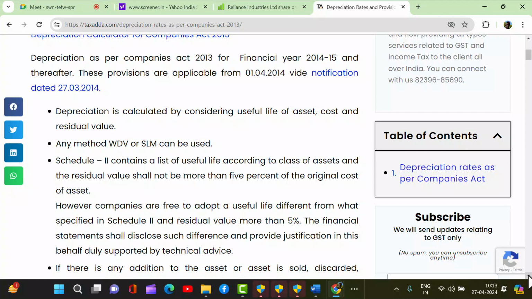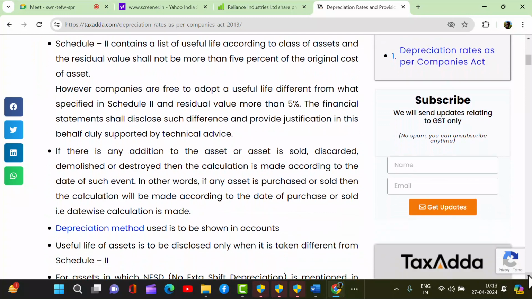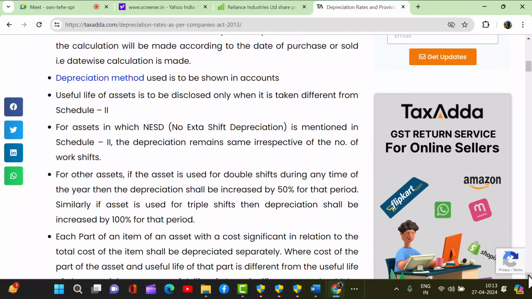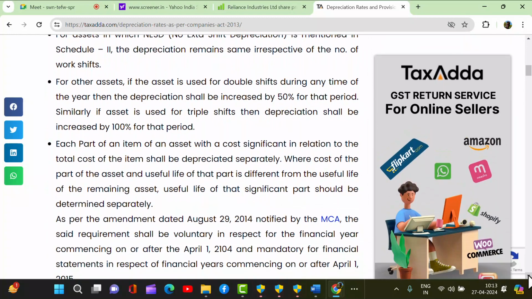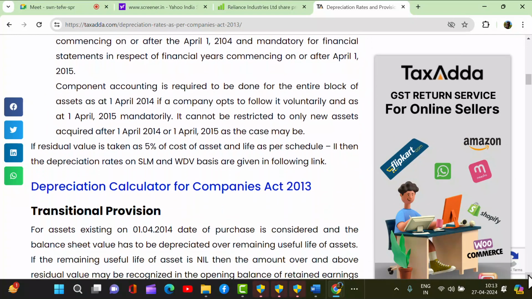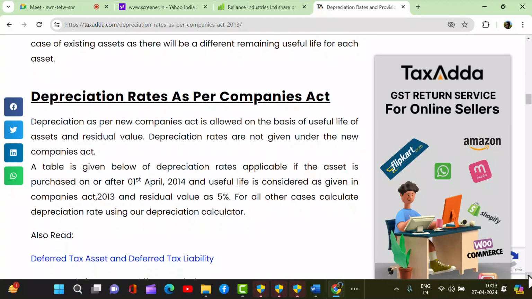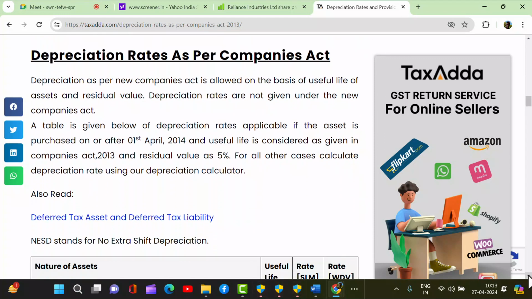Okay, fine. Just hold on, I'm skipping that. Now I'm reaching depreciation as per the rates under the Companies Act. Depreciation as per the new Companies Act is allowed on the basis of the useful life of the asset and residual value.